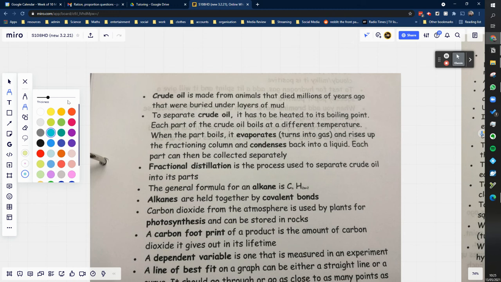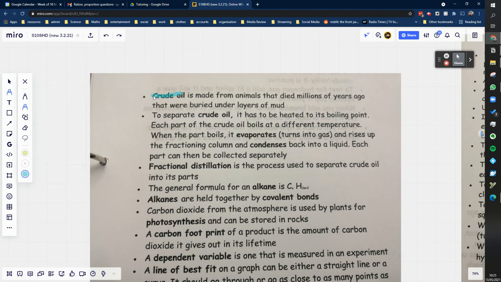So, crude oil. We've probably heard of what crude oil is. It's stuff that we dig out of the ground and we can get petrol from it and so on. It's actually a mixture, made out of animals that have died millions of years ago, and it's a mixture of different liquids.